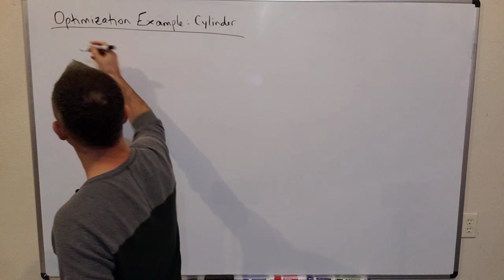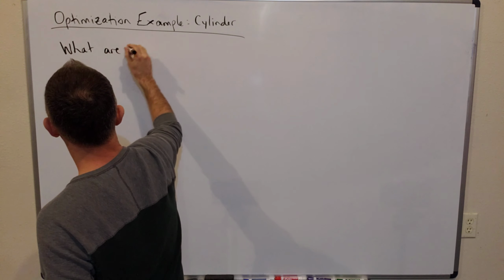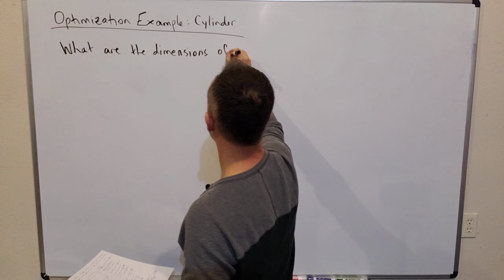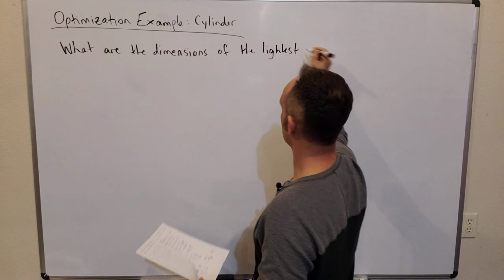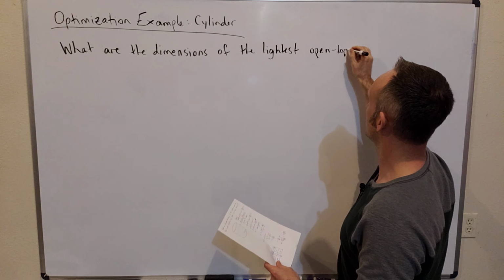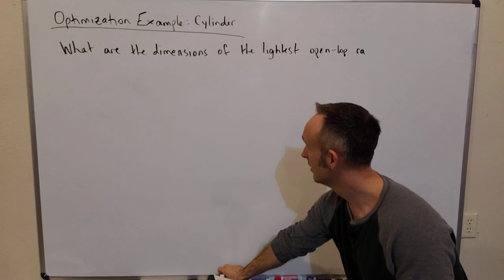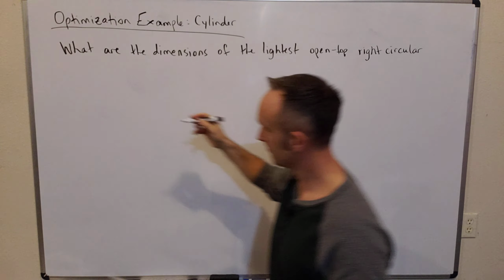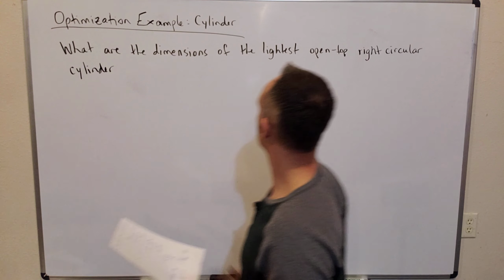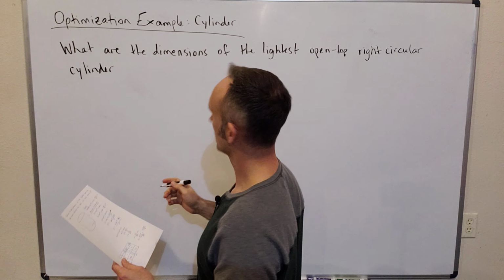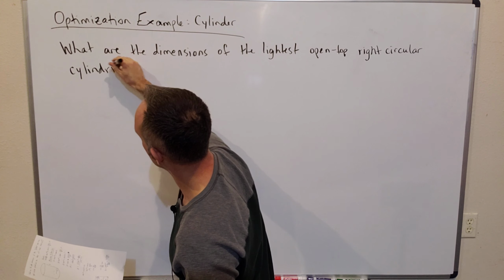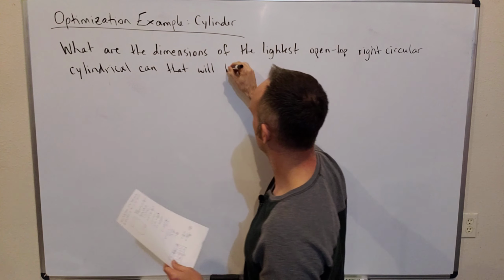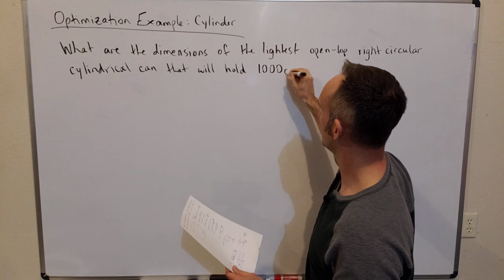Okay, so the example we're going to have here is asking, what are the dimensions of the lightest open top, right circular cylindrical can that will hold 1,000 cubic centimeters?